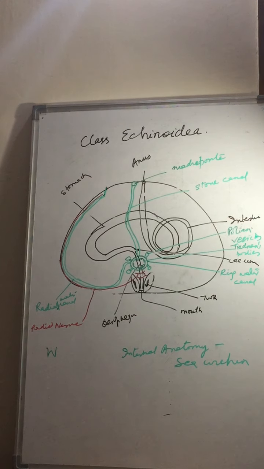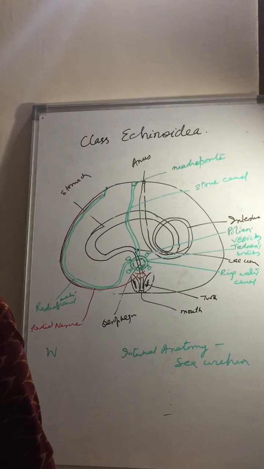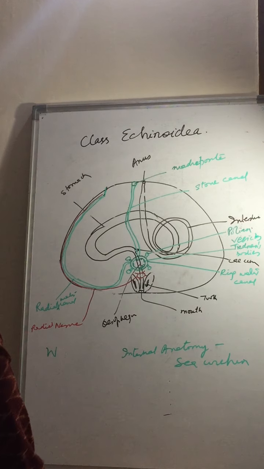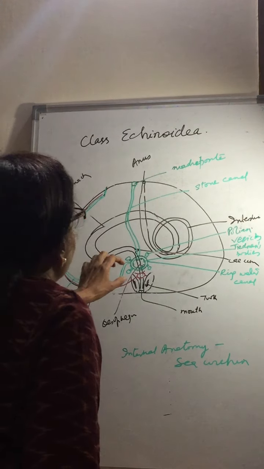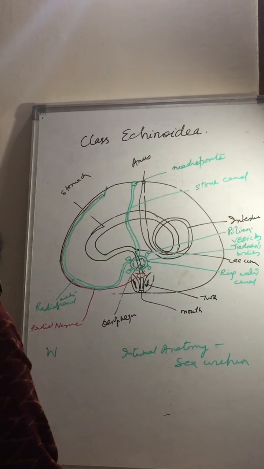The ring canal encircles the esophagus, as I have shown here, and there are Polian vesicles attached to it.